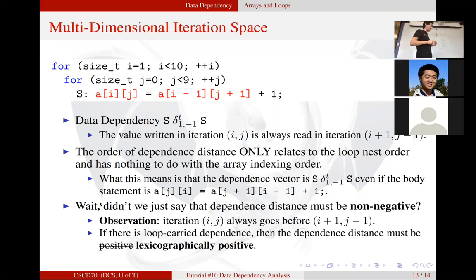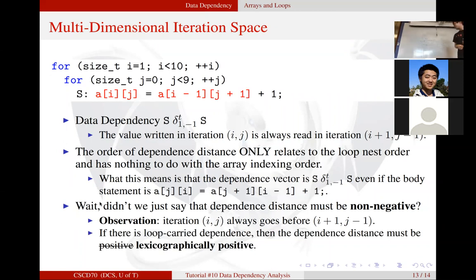Therefore, we have to modify the restrictions that we have previously. Instead of stating that for loop-carried dependencies the dependency distance must be positive, we say that the dependency distance has to be lexicographically positive.